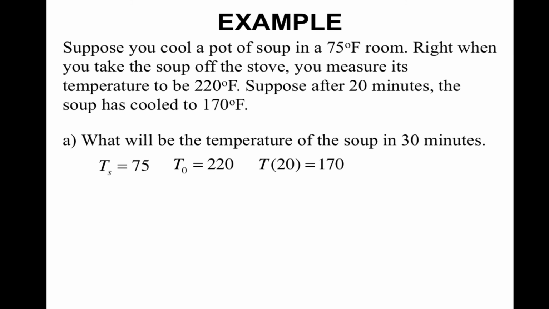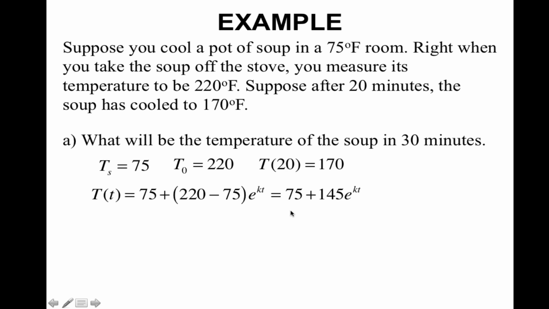So using my formula from the previous slide, I can set up my model with the surrounding temperature, 75, plus my initial temperature, 220, minus my surrounding temperature, 75, times e to the kt. And I can simplify that.